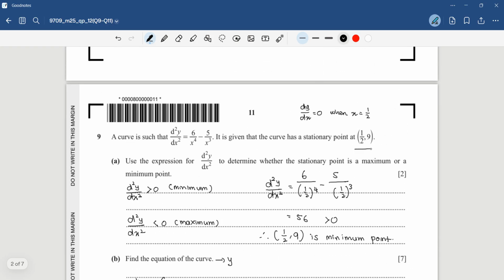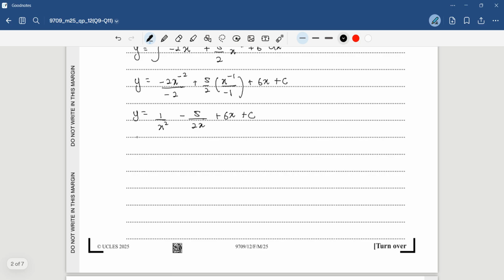Using the coordinate (1/2, 9), we substitute: 9 equals 2 plus c, so c equals 7. Therefore my y is equivalent to 1 over x squared minus 5 over 2x plus 6x plus 7.